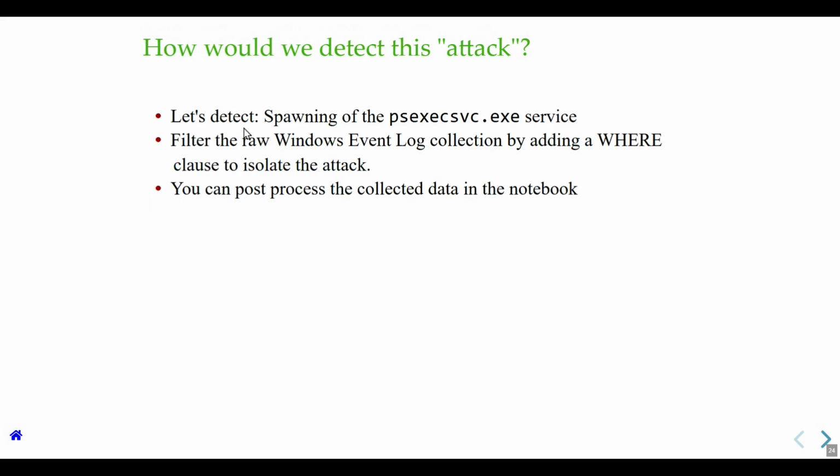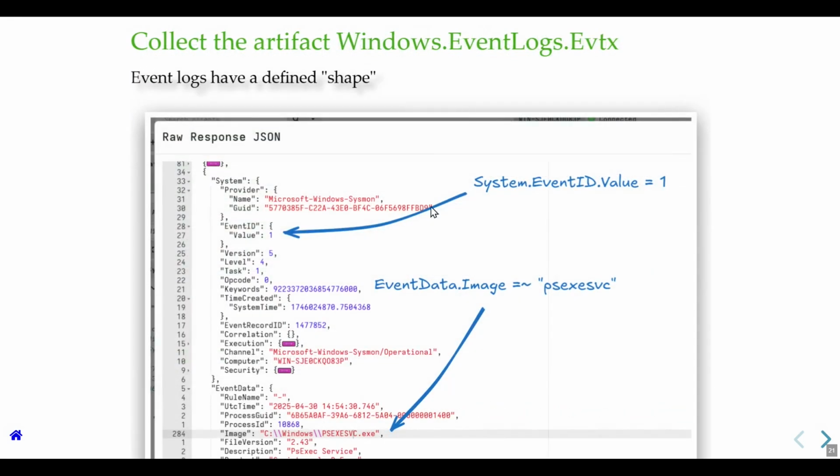So in this case, what we're going to look for is the spawning of the PsExec service. It's called PsExec SVC, and then we are going to filter it by adding a where clause to isolate the attack.